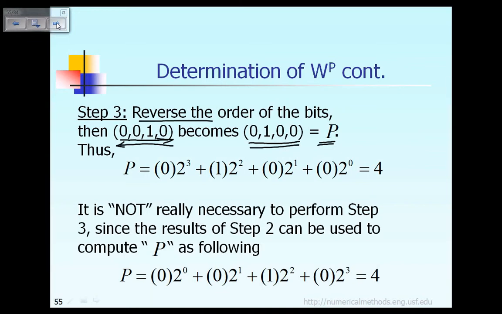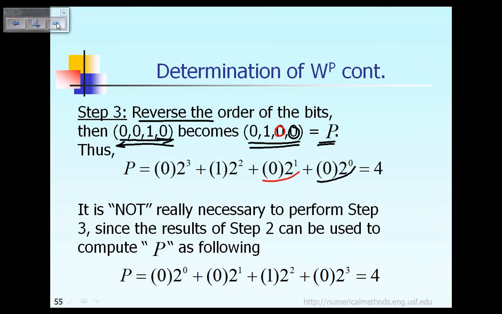So if p equals 0, 1, 0, 0, what is that value? Well, again, this number 0 right there corresponds to this term, 0 times 2 to the power 0, like I told you before. The next number 0, in red color, in the second position, corresponds to 0 times 2 to the power 1.